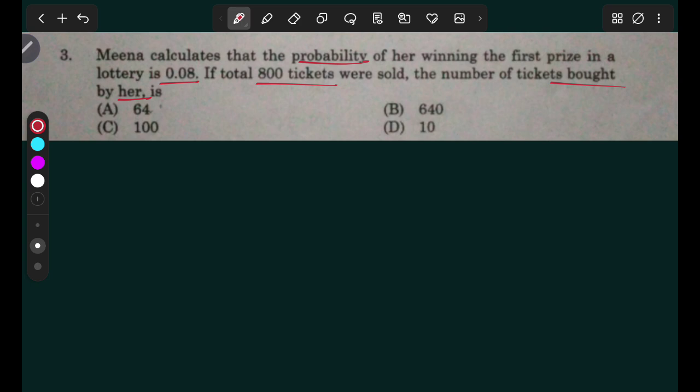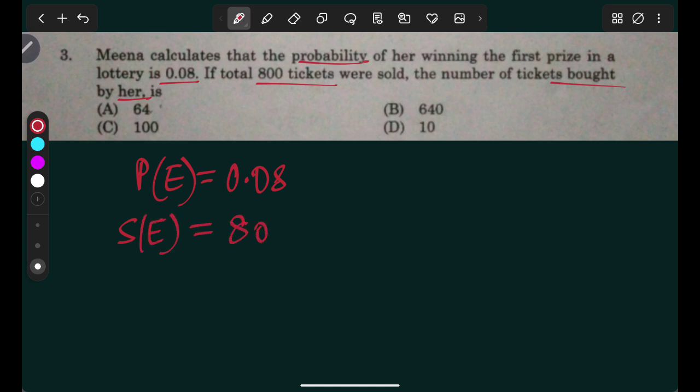So we are given the probability of the event as 0.08, and the sample space as 800 tickets, the total number of tickets.